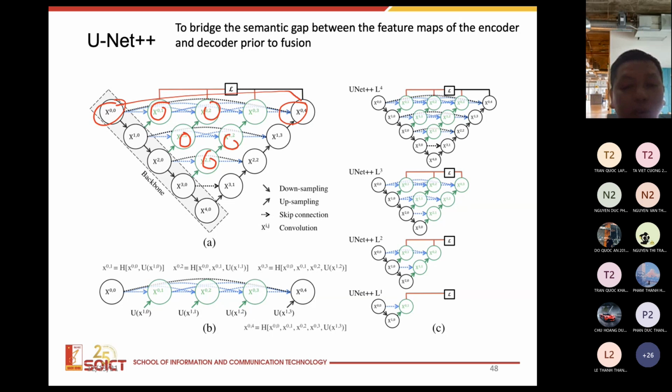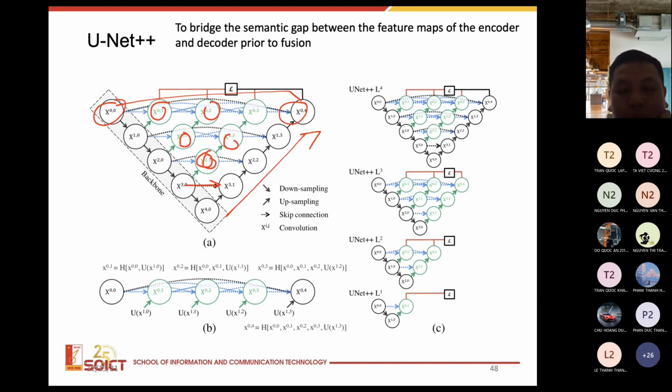So this is the backbone of the encoder, right? And in this you do downsampling, and then you do upsampling, and you have skip connections as in the normal UNet, right? And you have different blocks in here to reduce the semantic gap between the encoder and the decoder, right?